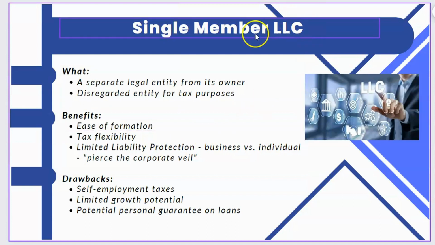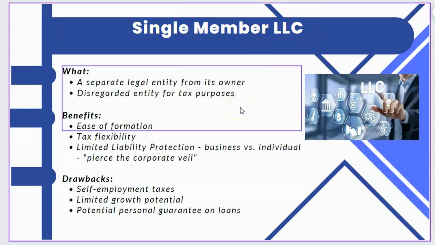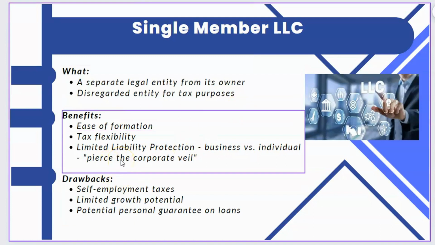With the single member LLC, it has this corporate protection where if the business gets sued, everything within the business is up for litigation, but your personal assets are protected and aren't subject. However, you have to remember that when you're running your single member LLC, you have to run it from the business.